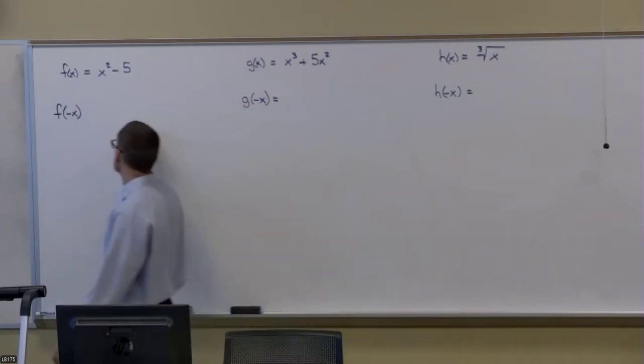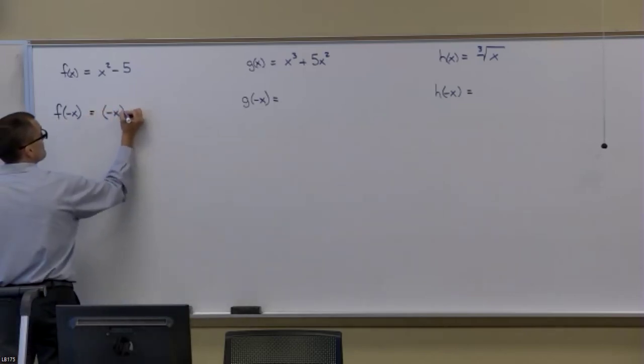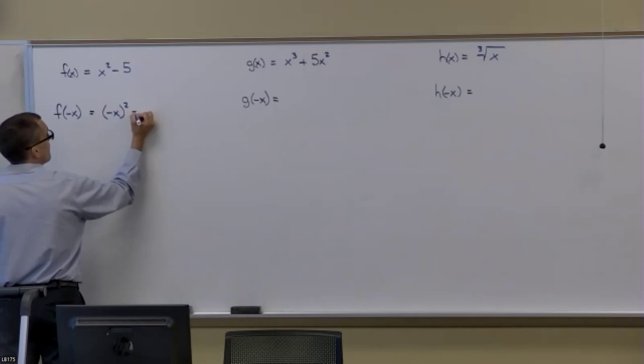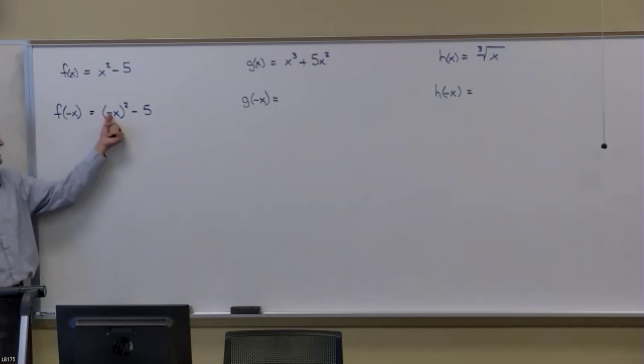So as far as this one goes, I would take -x quantity squared minus 5. And we have to know algebraically that negative squared is the same thing as positive squared.